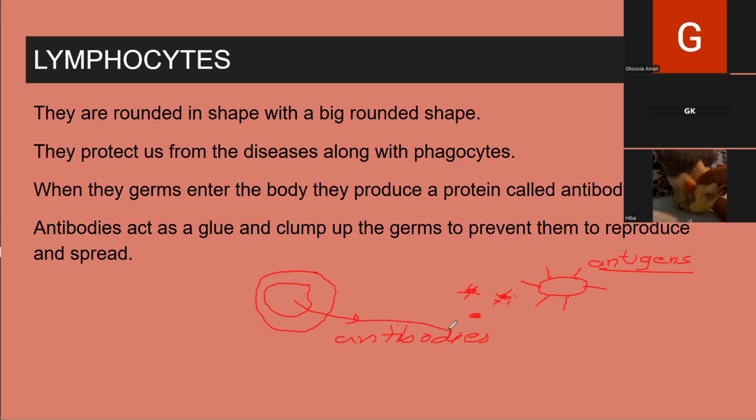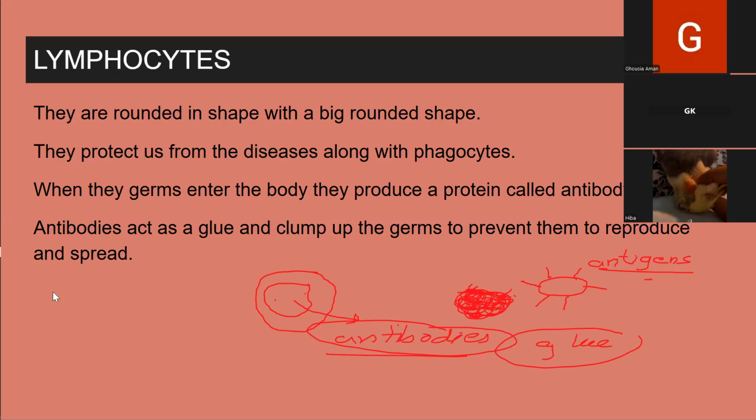The antibodies act like a glue. They will clump up the germs together and arrest them. So the function of the lymphocyte is to produce antibodies in response to the antigens, and this glue-like protein clumps the germs together.